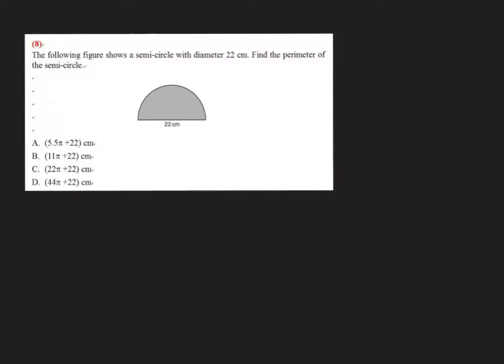Question 8. They asked you to find the perimeter of the semicircle, and pay attention. The perimeter is actually composed of two parts. The first part is this arc and the second part is this diameter. For the arc part, its length is equal to pi times d divided by 2 because this is a semicircle.